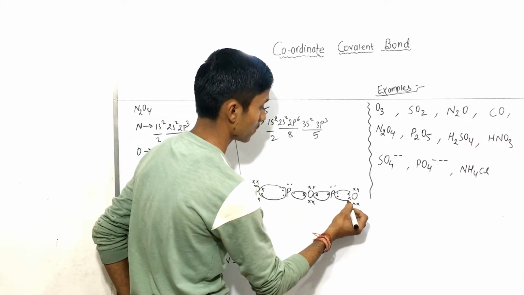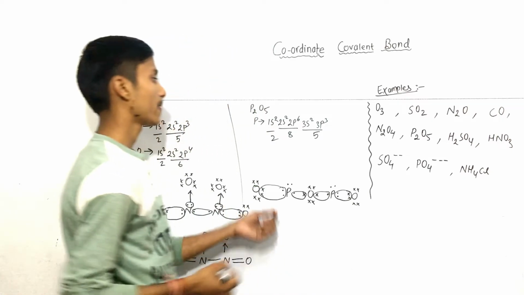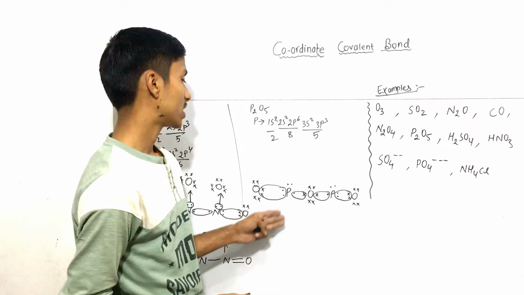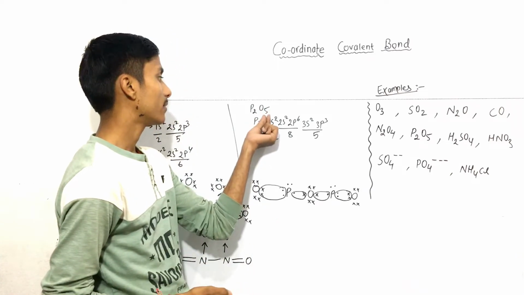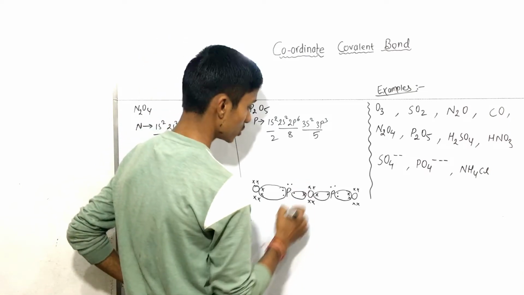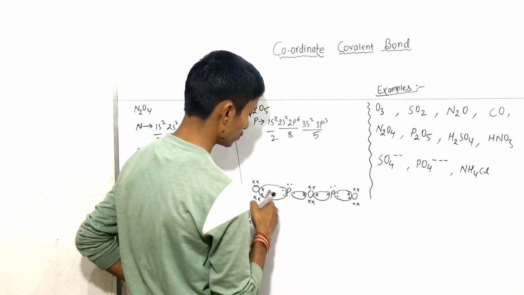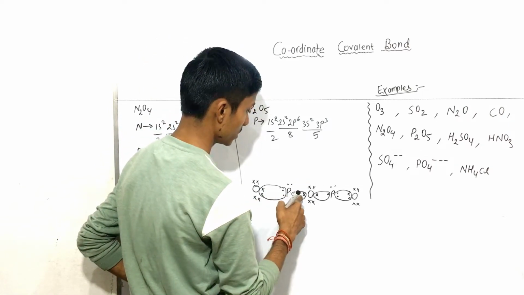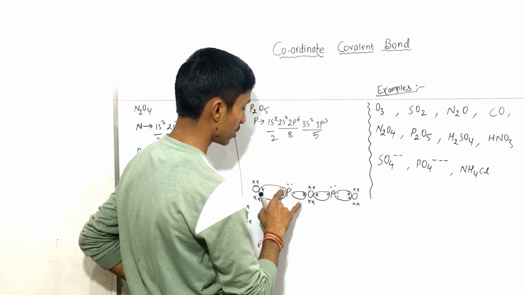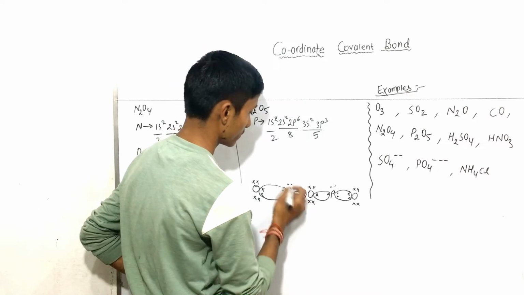Similarly 2 pairs of electrons get shared. Now 1, 2, 3, only 3 oxygen atoms we have, but we have 5 oxygen atoms in our compound. So here just 1, 2, 3, 4, 5, 6, 7, 8. 8 electrons are completed. It means octet state is completed.